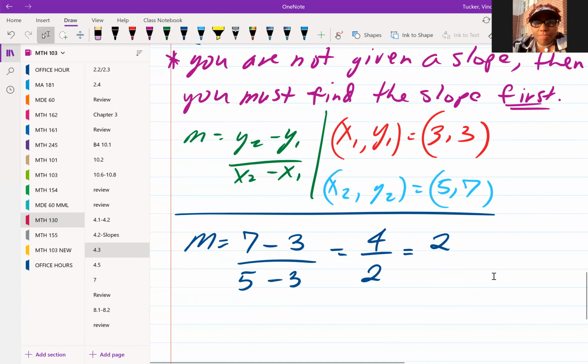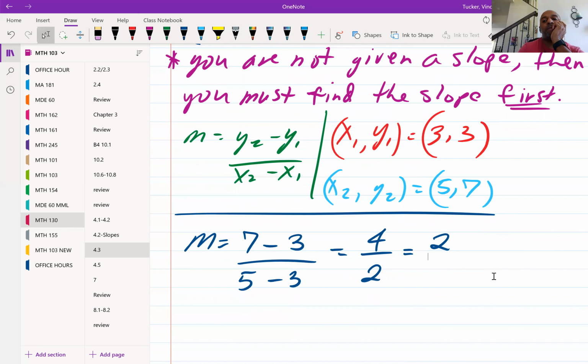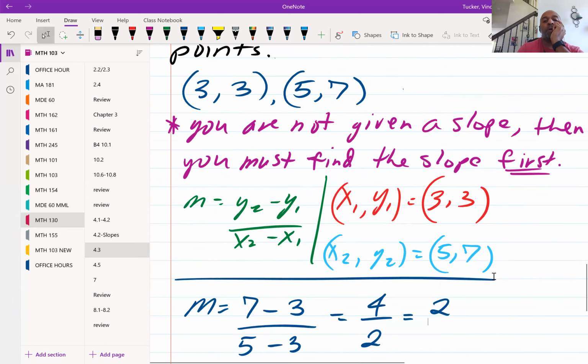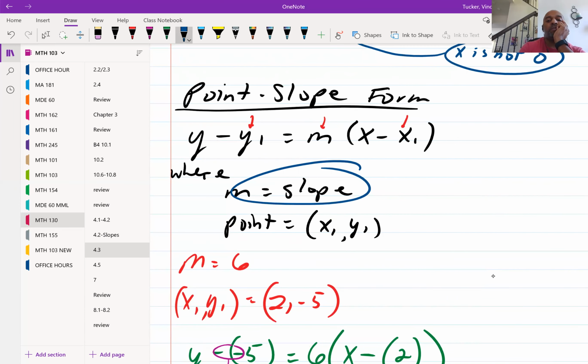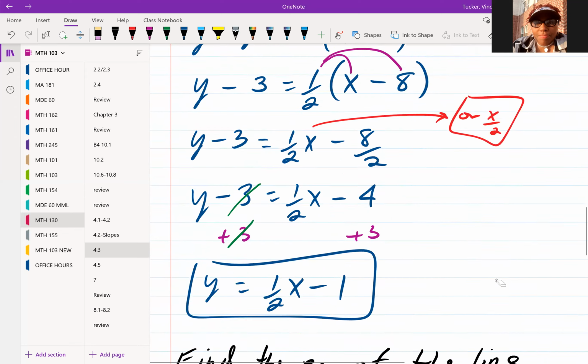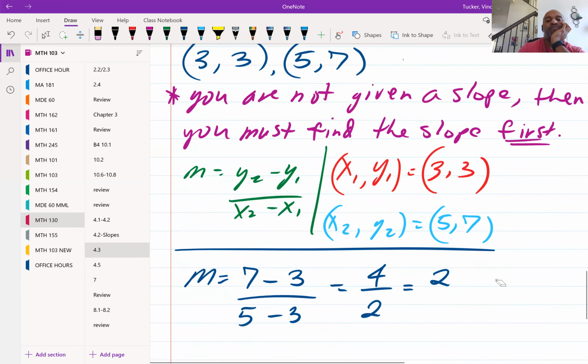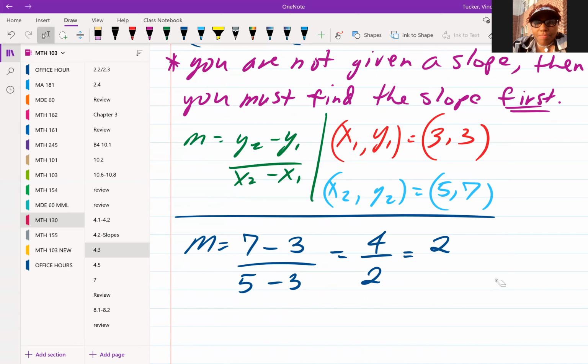Whenever you're not given the slope, you have to find it first, because no matter which formula you're using, you have to have a slope. So this is like a 2-part thing: find the slope first, and then use it. And so M equals 7 minus 3 over 5 minus 3.